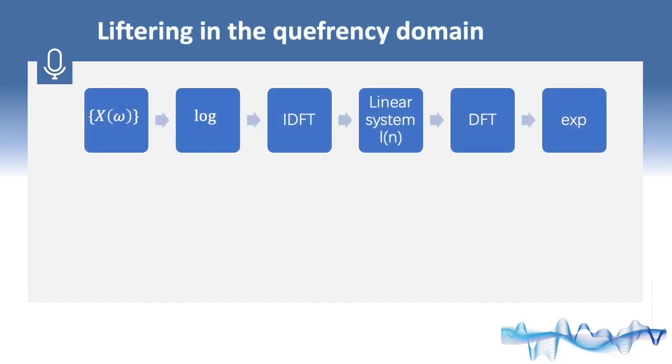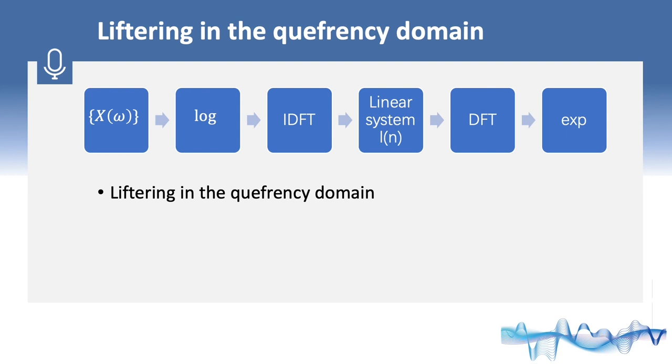The flowchart shows liftering in the frequency domain. The input signal passes through a series of operations and outputs the smoothed spectrum. If two signals are convolved, their Fourier transforms are multiplied, and a suitably defined complex logarithm will produce the sum of two log Fourier transforms.